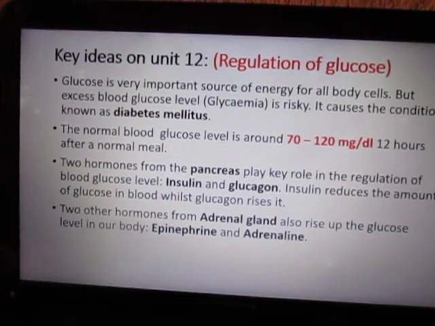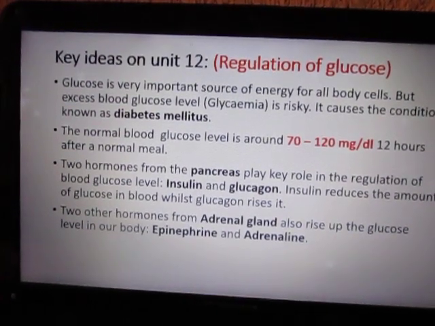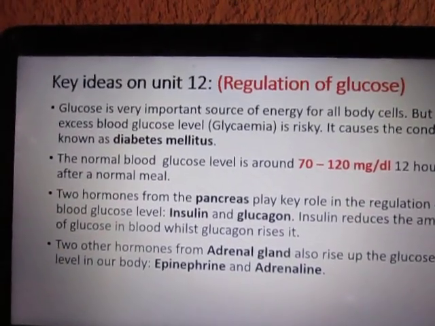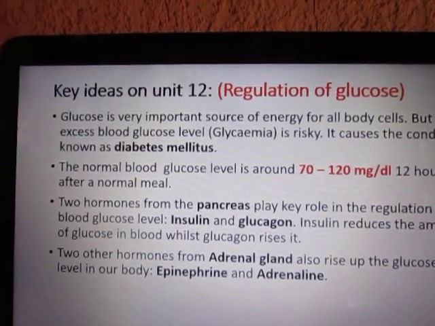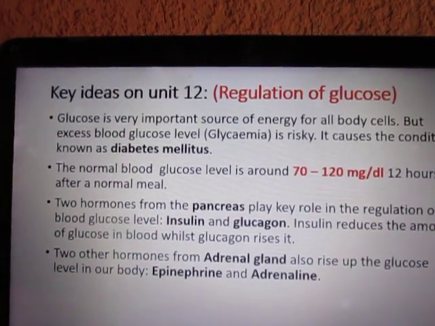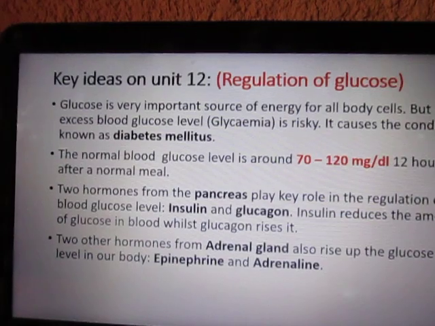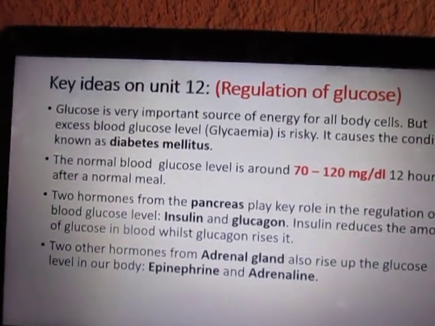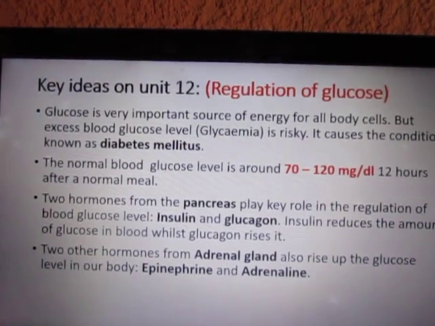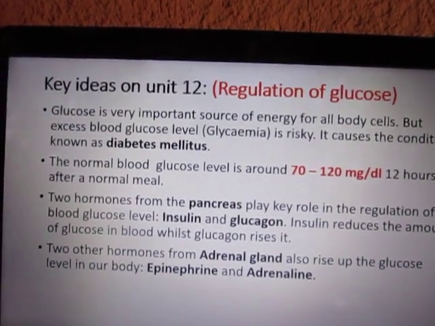It will mobilize the glucose which has been stored in our body in the form of glycogen, and bring it into the blood so that you can have more energy to fight or to run away. But I don't advise you to fight against a lion, you have to run away if possible.